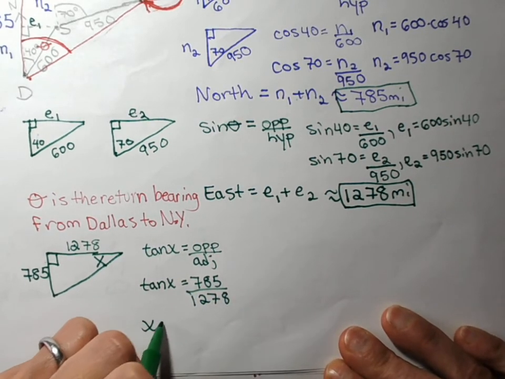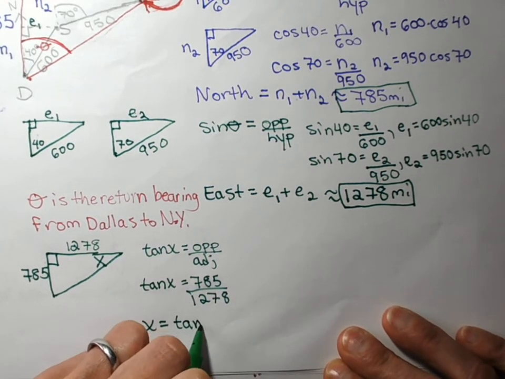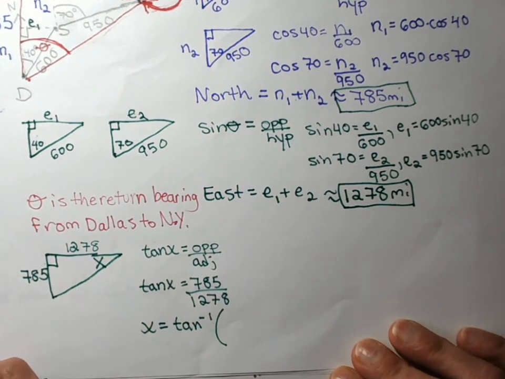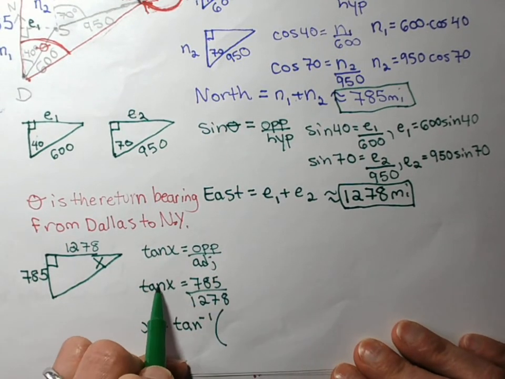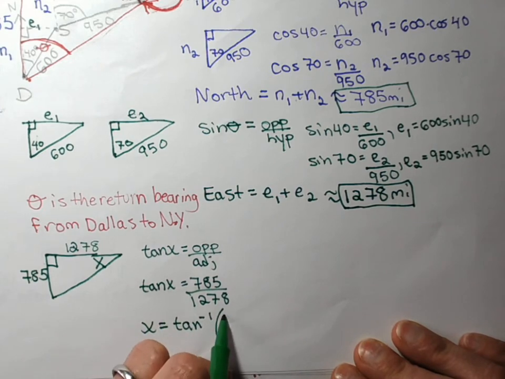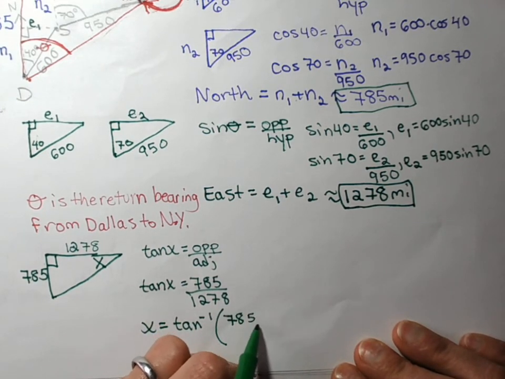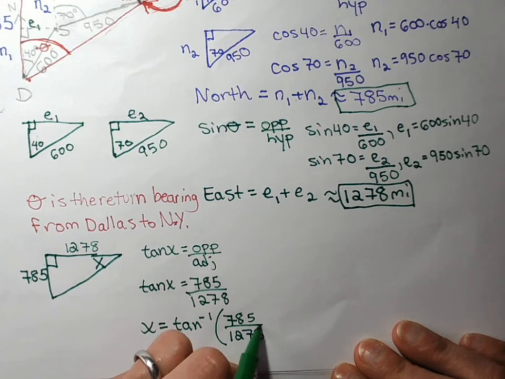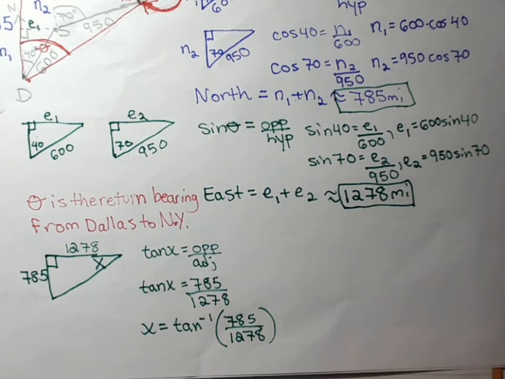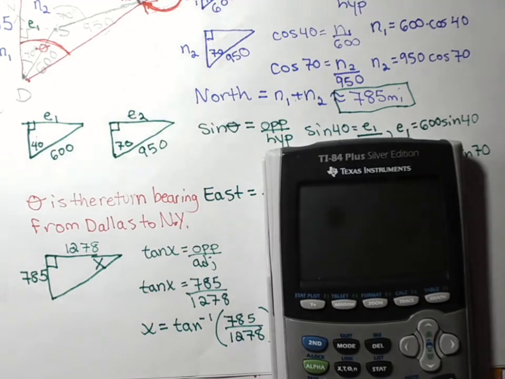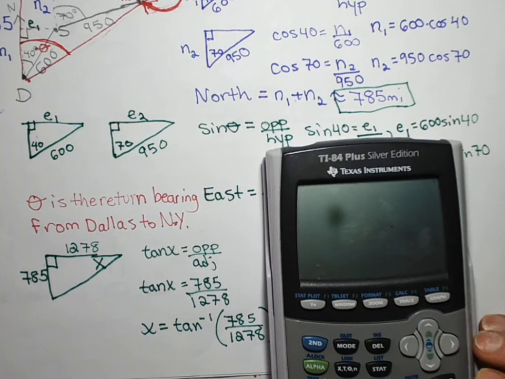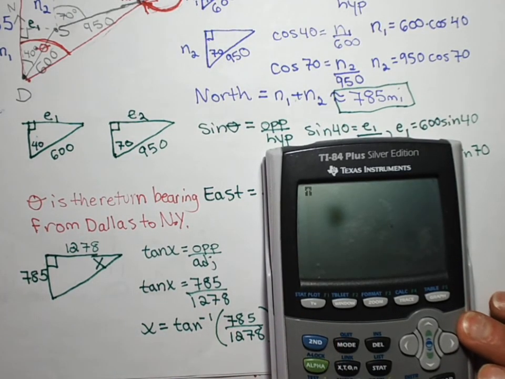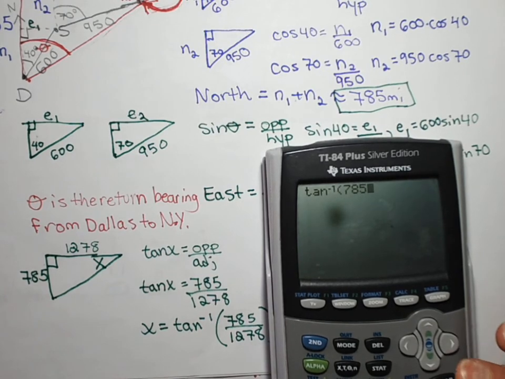And that tells us X is equal to the tangent inverse. Remember, whenever we're trying to find angle measures, use the inverse ratio. Tangent inverse of 785 divided by 1,278, about 32 degrees.